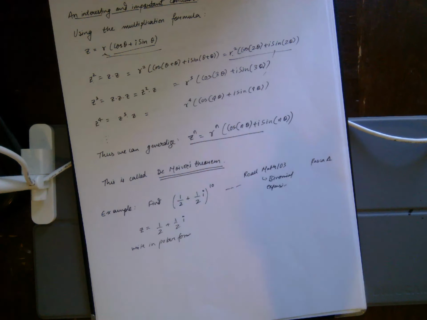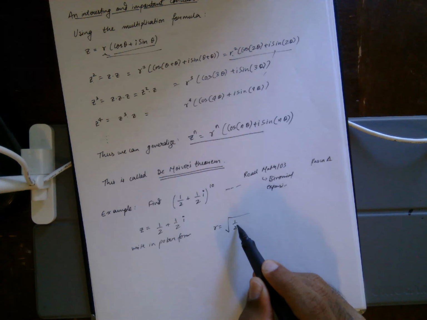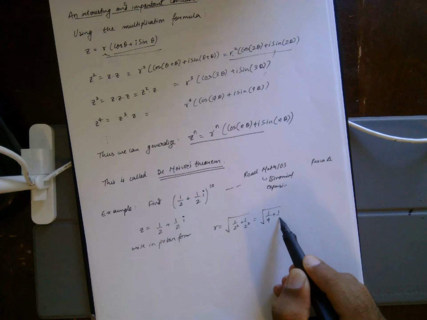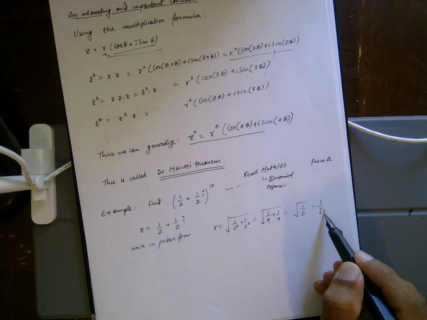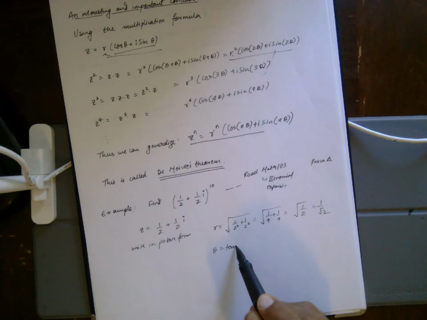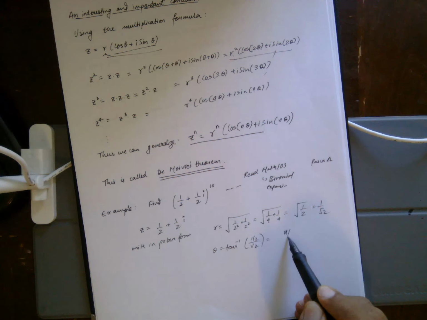To write in polar form, I need r. That's the square root of 1/4 plus 1/4, which is the square root of 1/2, which is 1 over square root of 2. And my angle is going to be tan inverse of (1/2)/(1/2), which is pi over 4.